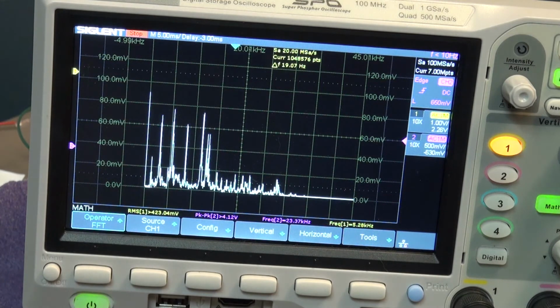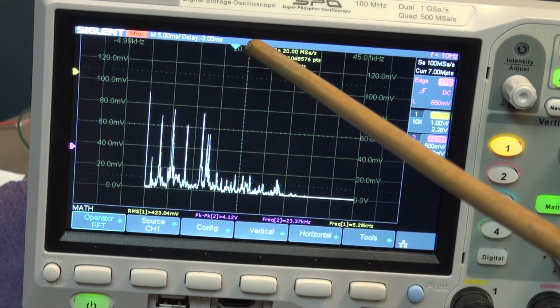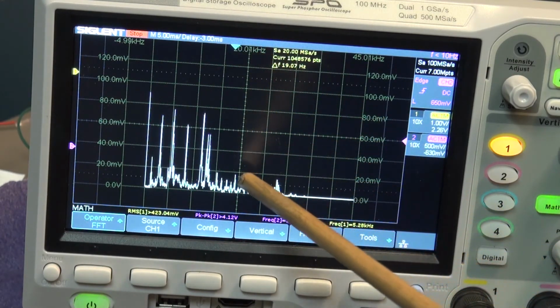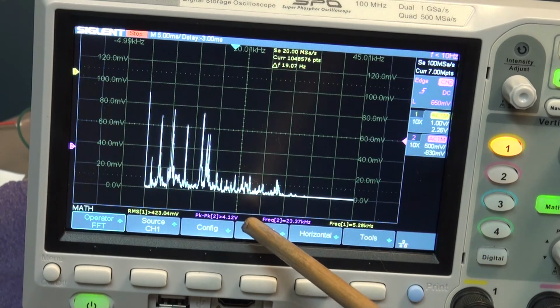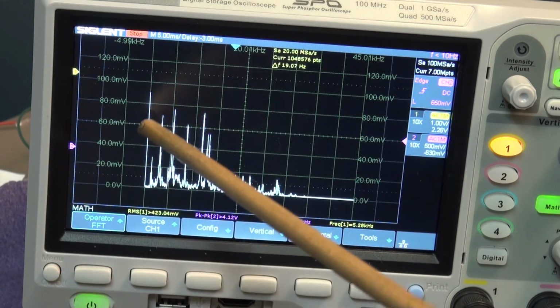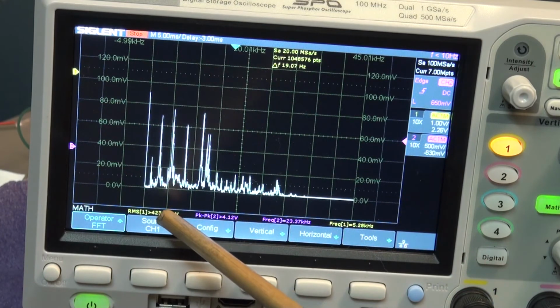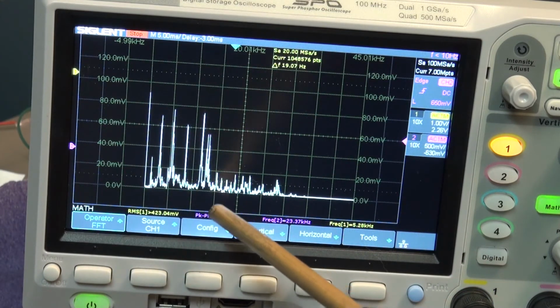Okay, so there's the frequency spectrum on the oscilloscope, and just to get our orientation and bearings. So what we have is the 20 kilohertz center right there. 0 is there, and each division is 5 kilohertz. 5, 10, 15, 20, 25, 30.